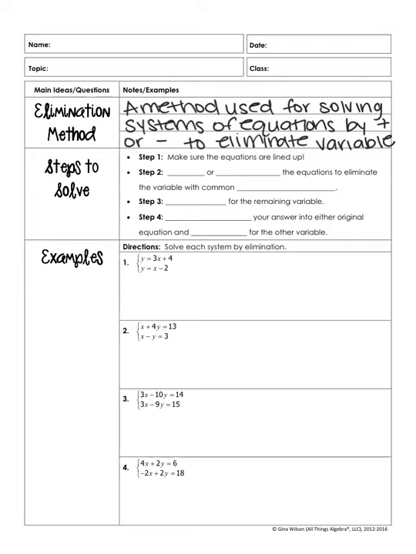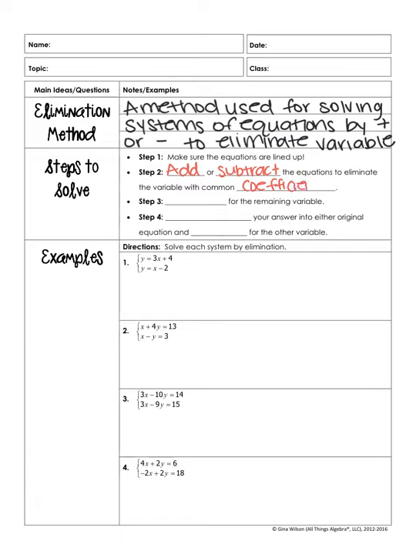So our steps to solving them. Step 1, make sure the equations are lined up. And what that means is make sure the x's are on top of each other and the y's are on top of each other and the numbers without a letter are on top of each other. Step 2 is going to be to add or subtract the equations to eliminate the variable with the common coefficients.